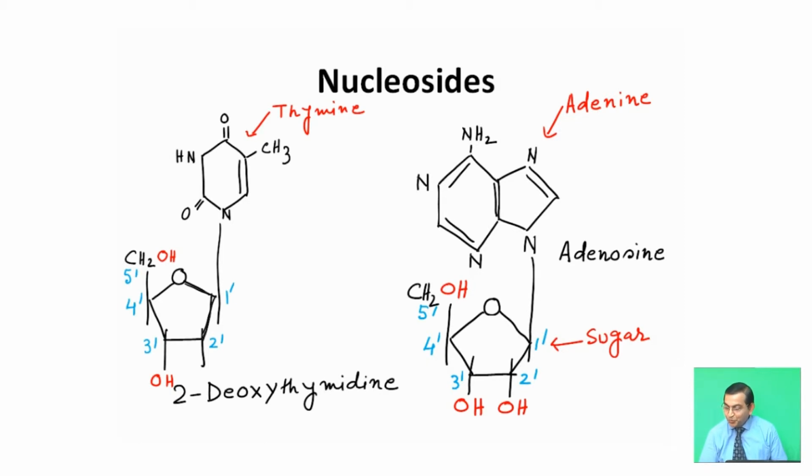So it is called 2-deoxythymidine. On the other hand, adenosine is also a nucleoside. When a ribose sugar binds with an adenine, it is called adenosine, which is a nucleoside.